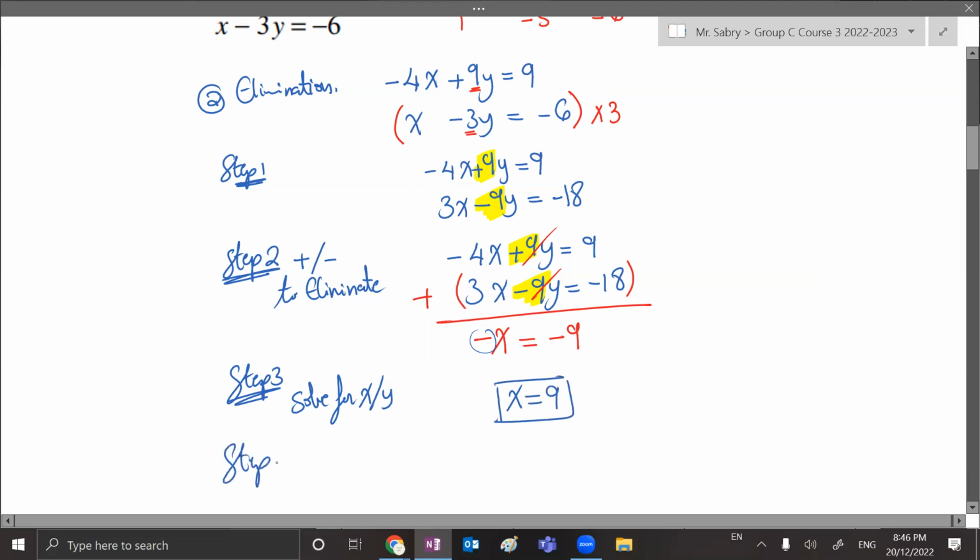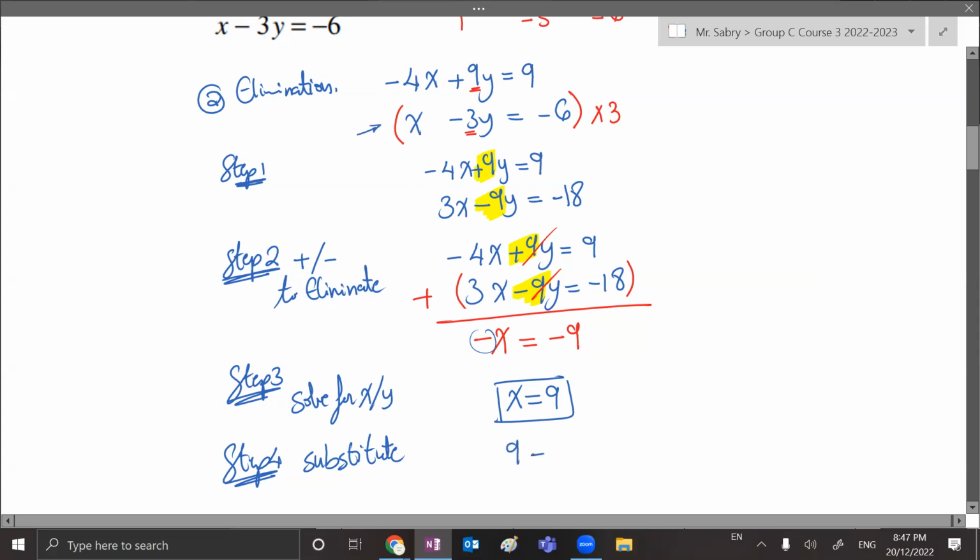Step number 4, which is the last step, substitute. Once I have the x or the y, I substitute the x again in any one of the equations above. For example, I can substitute it in this equation here.